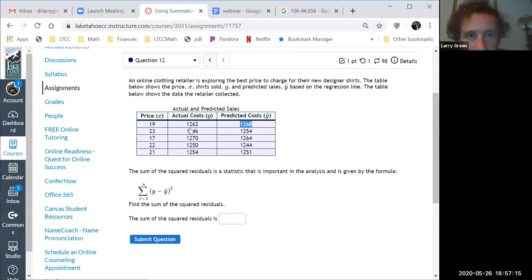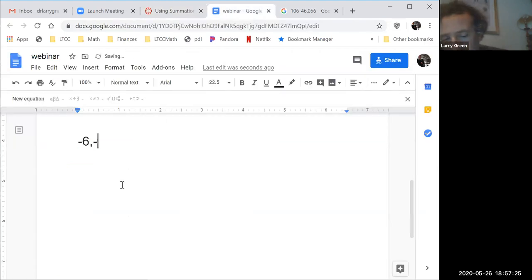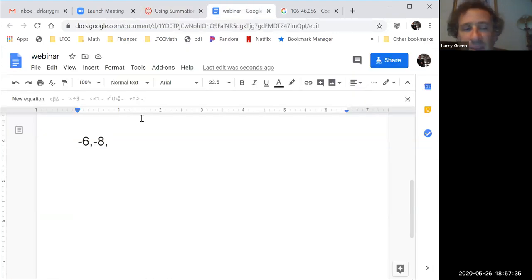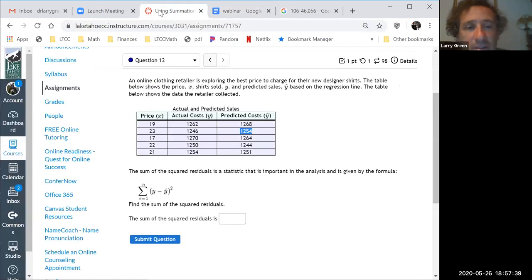Then we're going to do the next one. 1246 minus 1254. And that's -8 if you do the work on your calculator. So I'm just going to list them all out one at a time. 1270 minus 1264, that's 6. If there's anything you're not understanding, let me know.